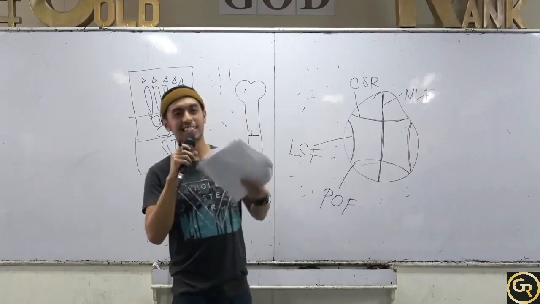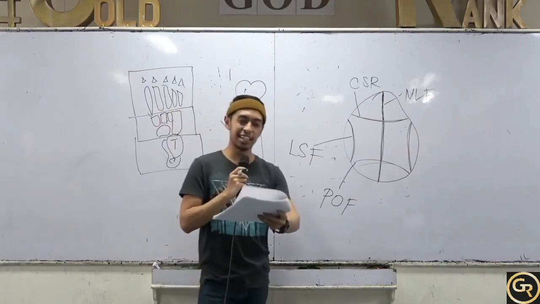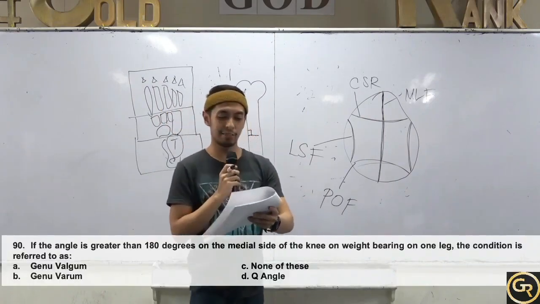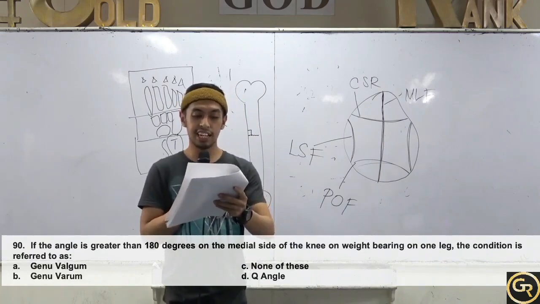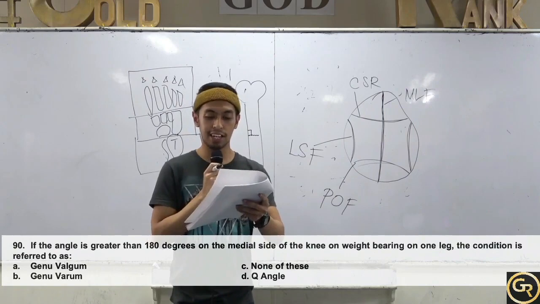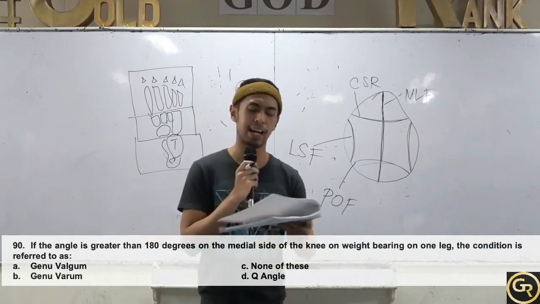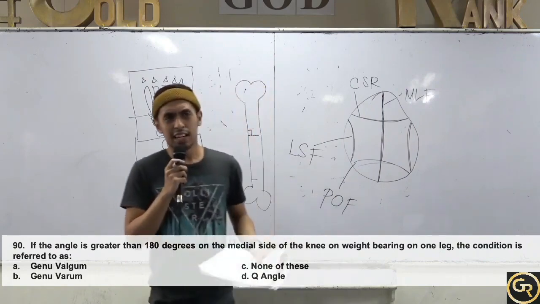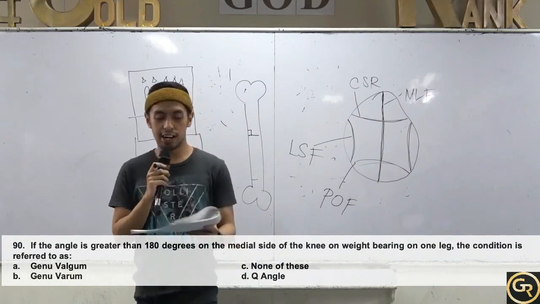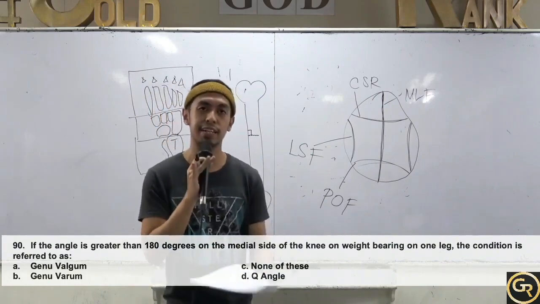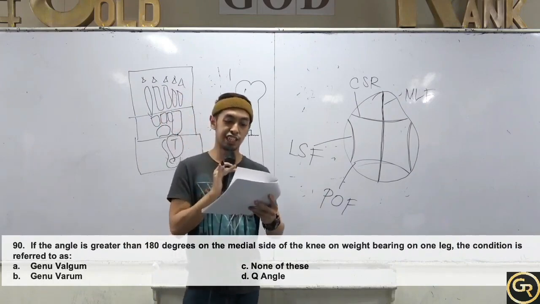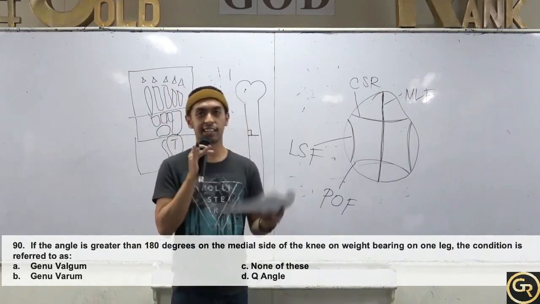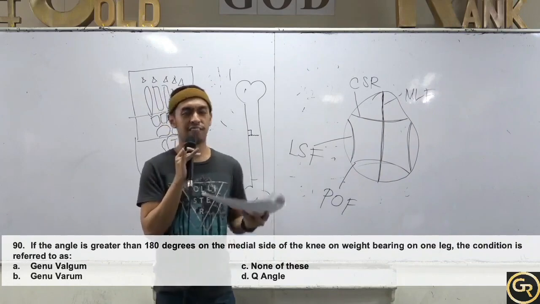Okay. Just a little more, guys. We can do this. Number 90. If the angle is greater than 180 degrees on the medial side of the knee on weight bearing on one leg, the condition is referred to as blank. Earlier, we said that when it is less than 170 degrees on the medial side, you would expect genu varum.